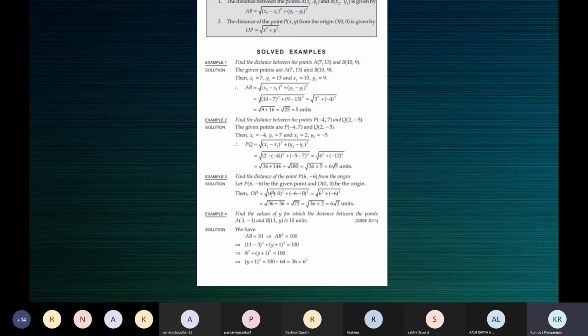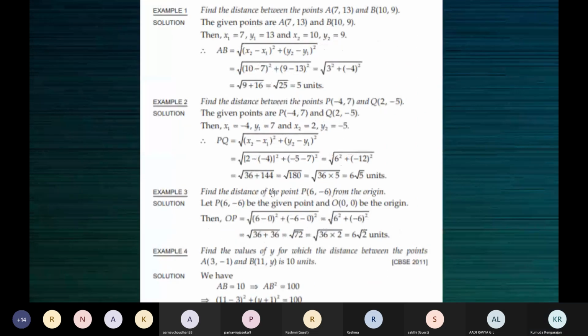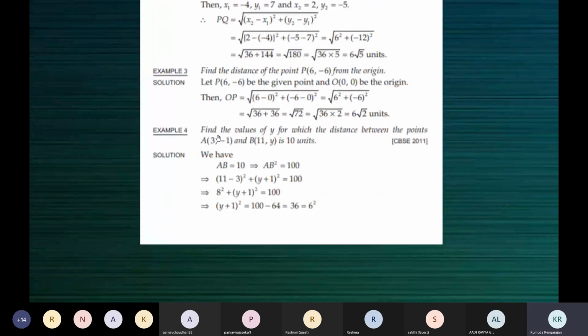All right. So see here, example 4. Find the values of y for which the distance between the points is 10 units. So here you're given the distance between the 2 points.